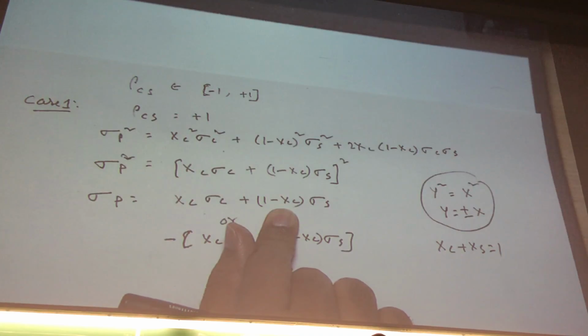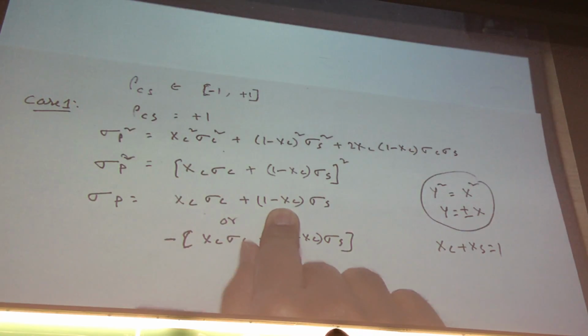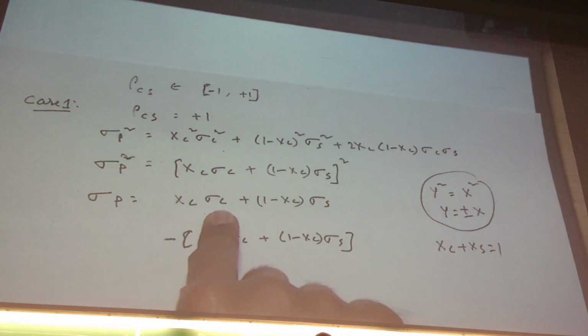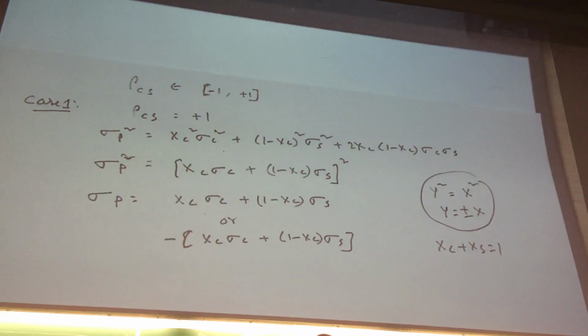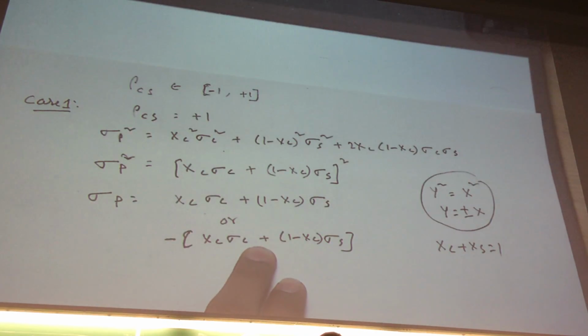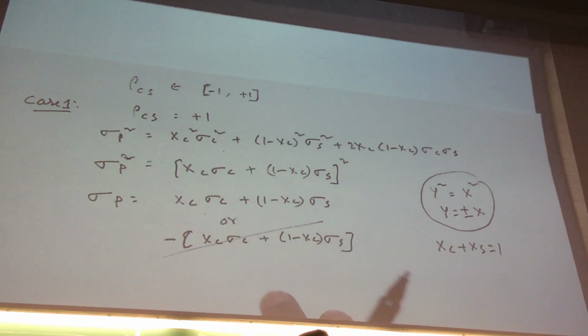Agreed? Because x is less than 1, 1 minus xc must be a positive value. And here xc is also positive value. And you know that sigma c and sigma s are already positive. So that means you get positive. But the second option would always give you negative. So that means it is not reality. Mathematically it's fine, but it is not representing the reality.